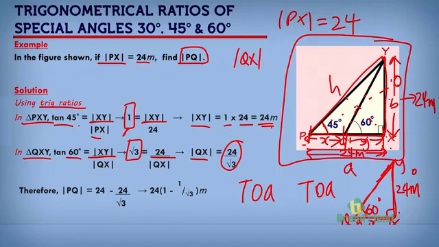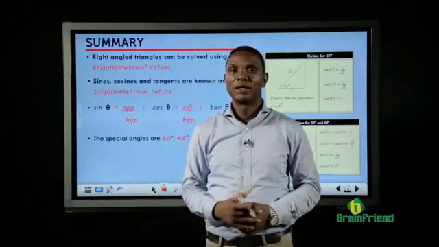So we say 24 is the full length, minus QX that we found to be 24 over root 3. 24 minus 24 over root 3, 24 is common, all in brackets, 1 minus 1 over root 3. And this is our answer. This is the way we'll leave it. Or we'll go ahead to make use of our calculators and get an exact value for it. And with that, we've come to the end of our class for today.